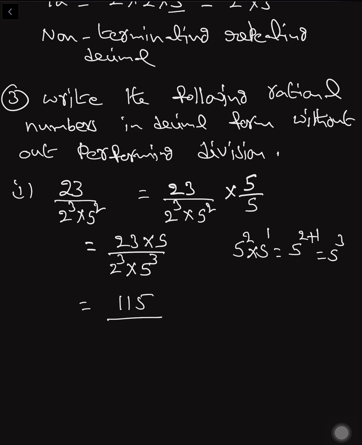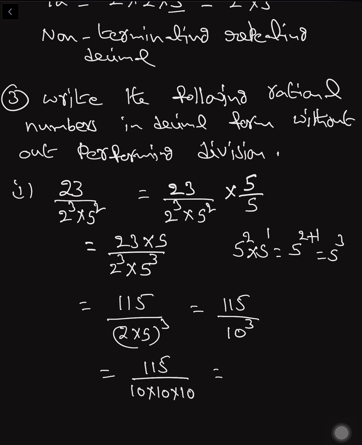Again, 2 into 5 whole to the power of 3 is 10 cube. 10 cube means 10 into 10 into 10, which is 1000.